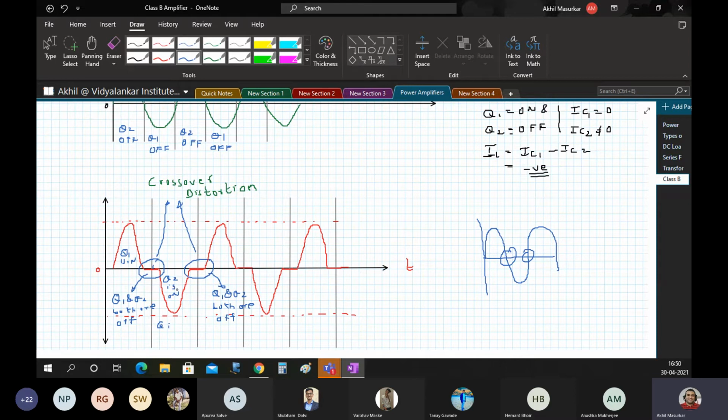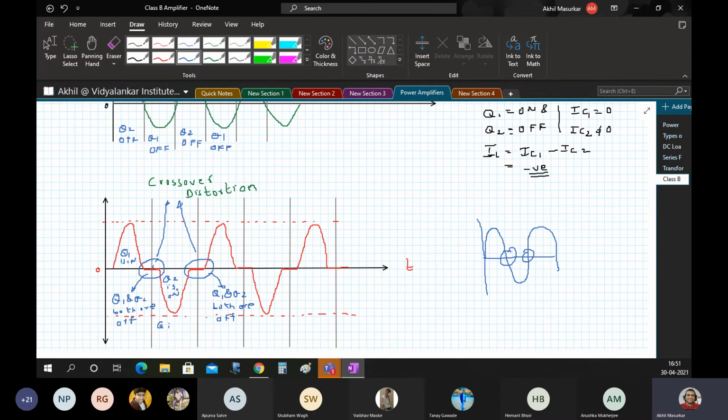Both transistors may be partially off, so the output voltage does not follow the input around zero voltage. Since both transistors Q1 and Q2 are off for a certain amount of time, for that much time the output voltage does not follow the input around the zero voltage condition.